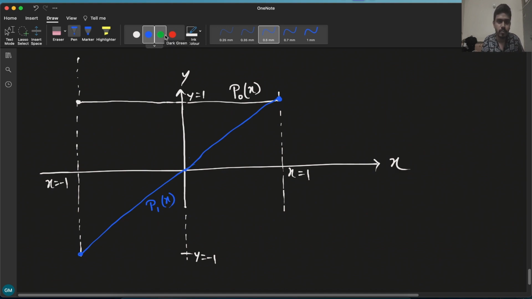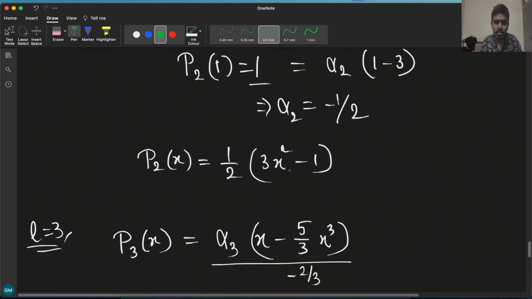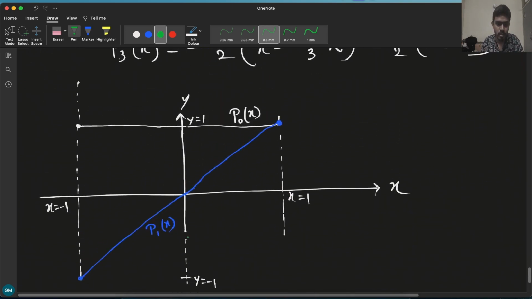P2(x): if you look at P2(x) at x equals 0, it is minus half, and it is a parabolic function, right? x squared. That means it starts from here, goes like this, goes like this.